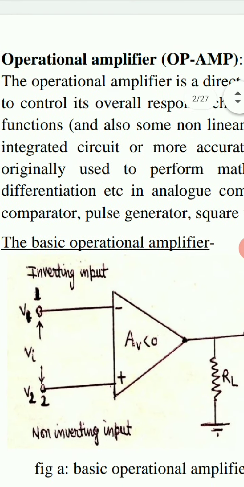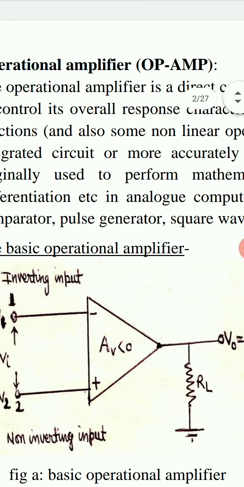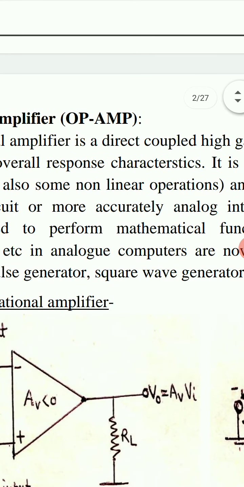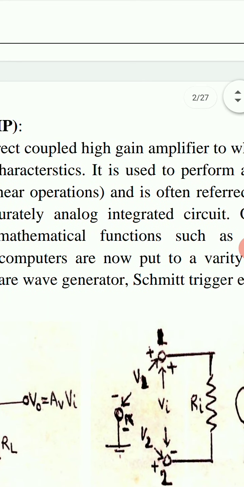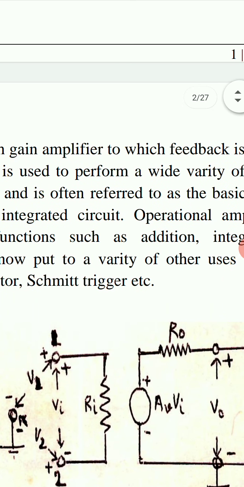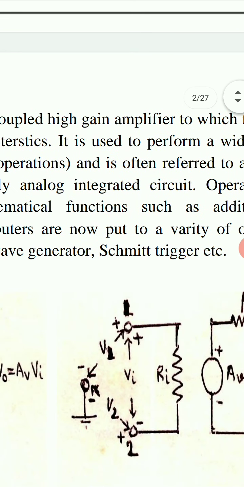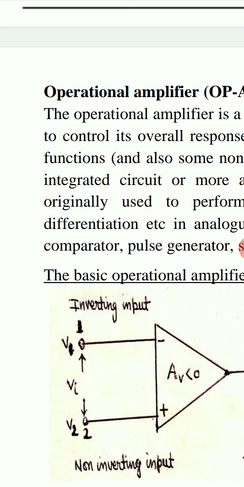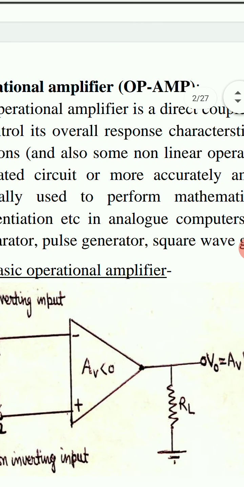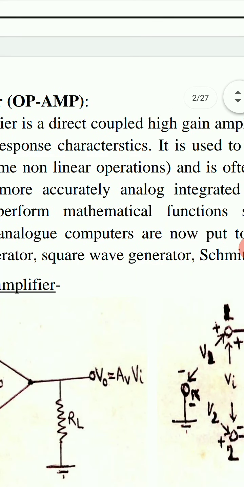The operational amplifier is a direct coupled high gain amplifier to which feedback is added to control its overall response characteristics.